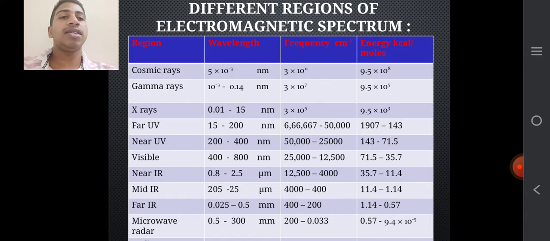For gamma rays, the wavelength is 10^-3 to 0.14 nanometer, frequency is 3 x 10^7, and energy is 9.5 x 10^5. Similarly, we have values for X-rays, far UV, near UV, visible, near IR, mid IR, far IR, microwave, and radar.